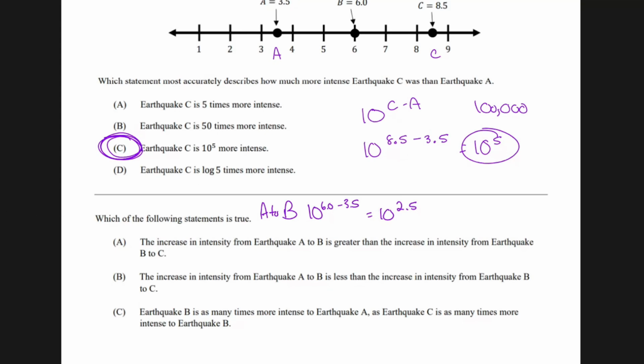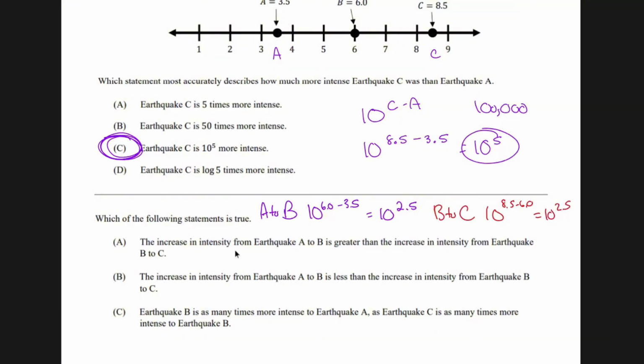And I did A to C, so I don't need to worry about that. B to C is going to be 10 to the 8.5 minus 6.0, so the same thing. So 10 to the 2.5, the same thing.